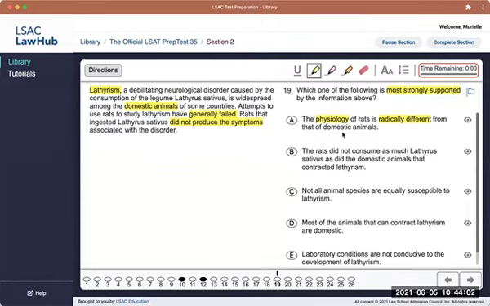So this one I wouldn't say is very strongly supported. I think this would provide a decent sort of explanation for why even though the rats ate the legume, they didn't end up producing symptoms of the disorder. So I don't know that I would be leaning toward that one, but it's at least supported a little bit, so I won't eliminate it immediately. B: the rats did not consume as much as the domestic animals.